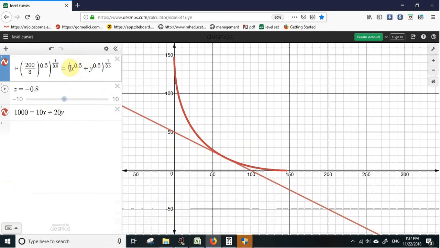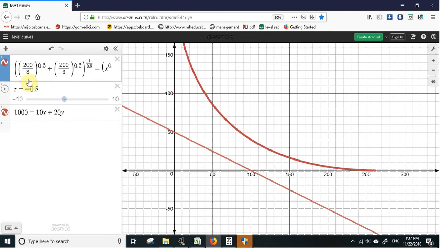So this utility function, the value of utility has been calculated by just putting the value of x1, 200 over 3, and the value of x2 at 50 over 3.